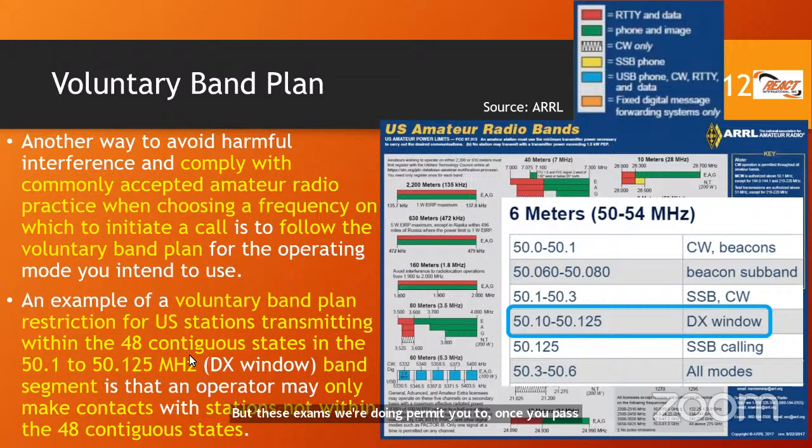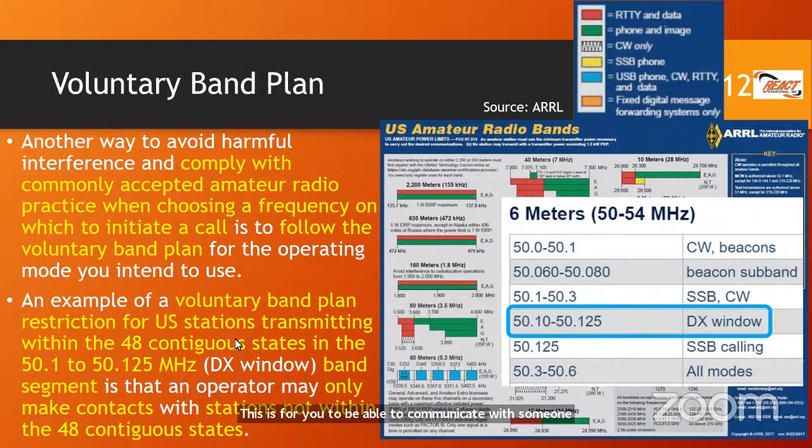And what we're saying here in this bullet point is that if you are operating in the United States with a United States license, on this segment of the band, you should not be trying to communicate with another station in the United States. This is for you to be able to communicate with someone that's outside of the United States.